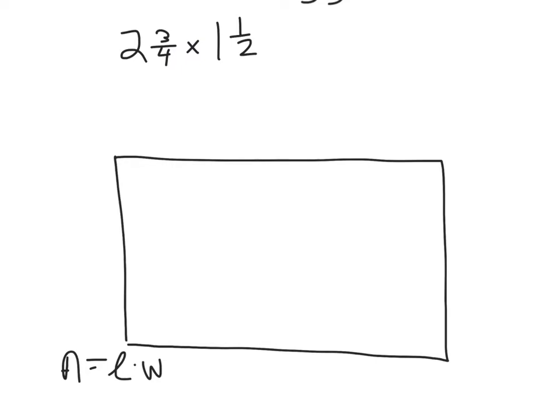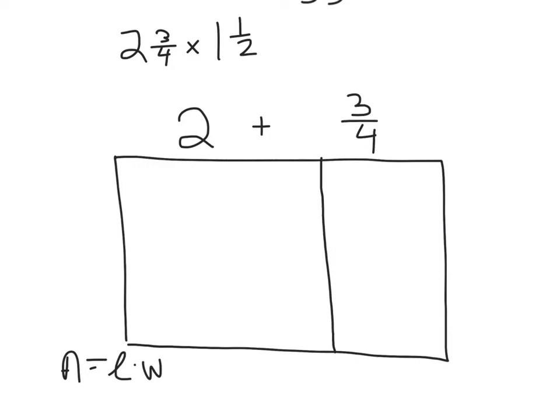Now, I have a longer side and a shorter side on my rectangle, so I'm going to use those accordingly with my mixed numbers. So I'm going to take my longer side, and what 2 3/4 is, it's really the value of 2 plus 3/4. So I'm going to break it up that way.